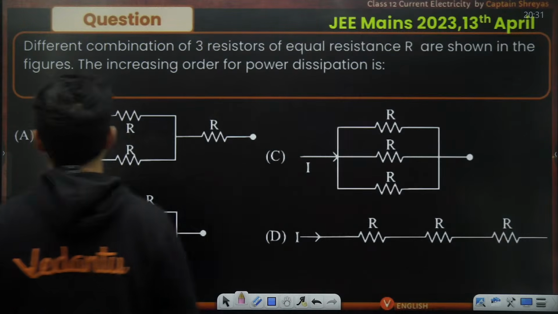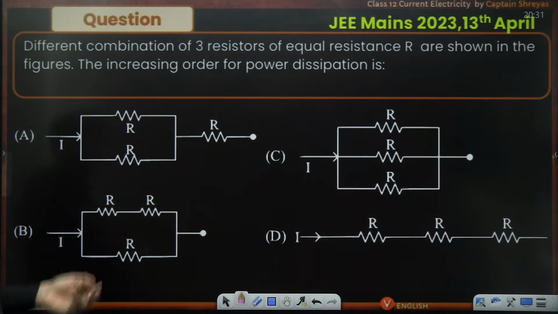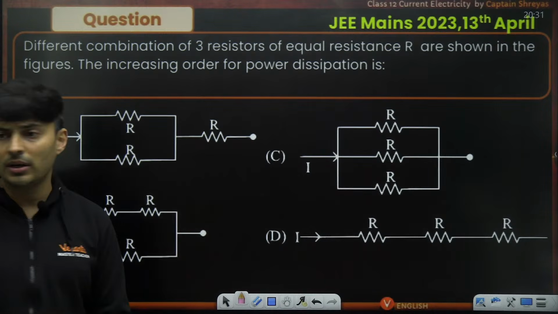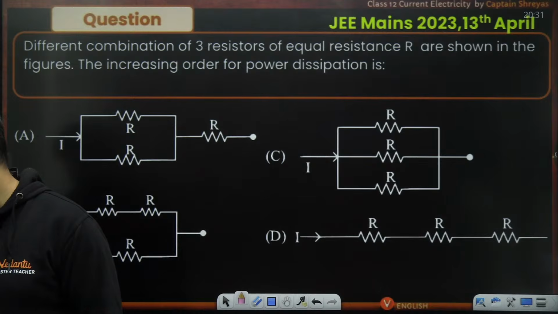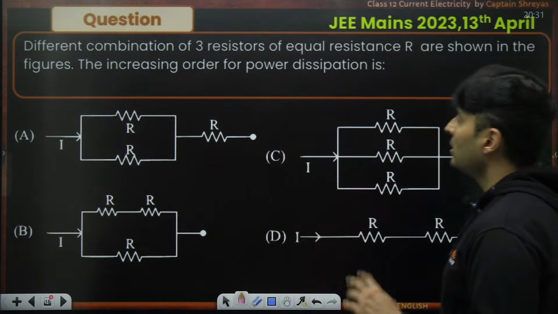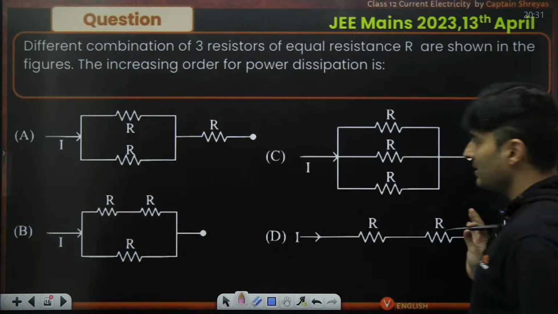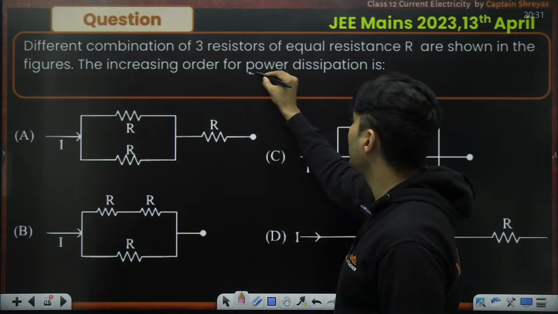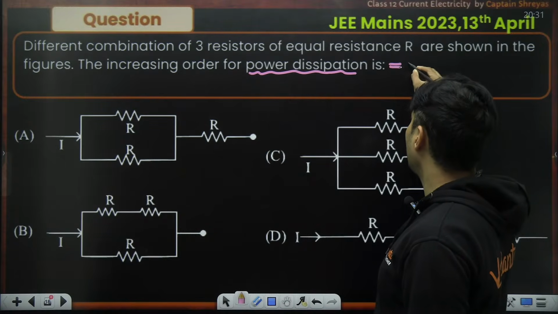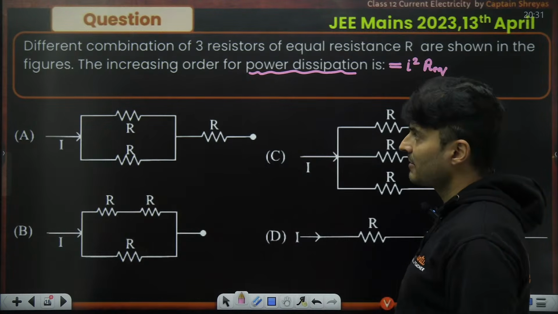Moving on to the next one. Different combinations of resistances are shown to me. The question is, what is the increasing order of power dissipation? As you can see, the currents which are entering are the same, and power dissipation will be nothing but current square multiplied by the equivalent resistance.